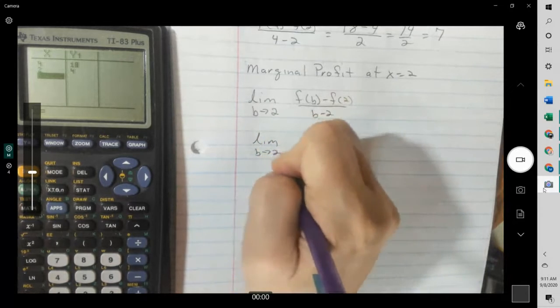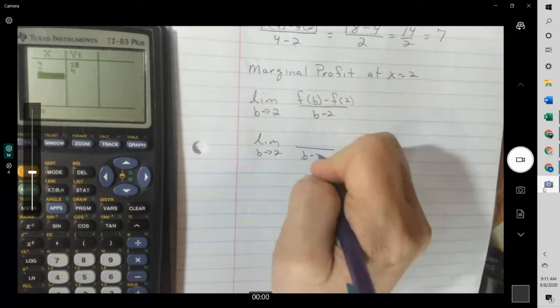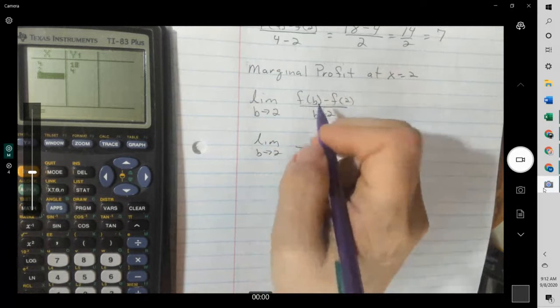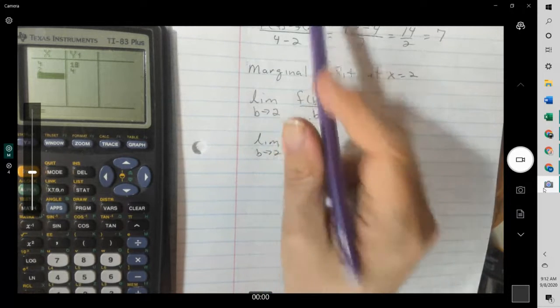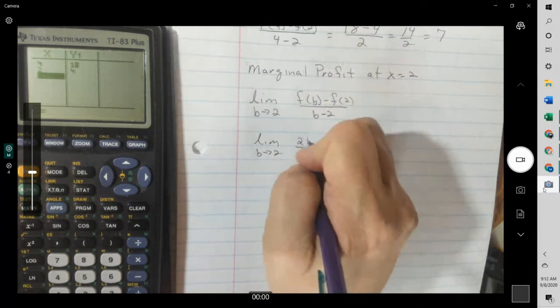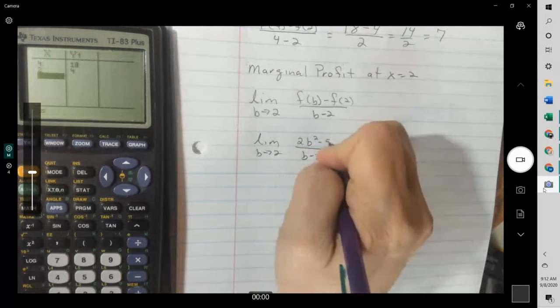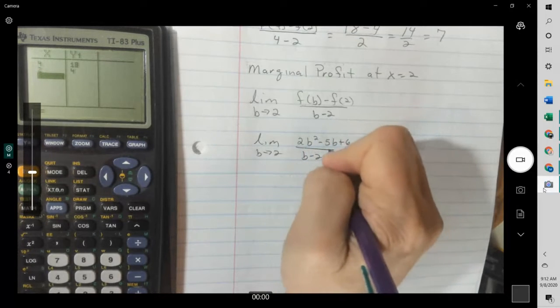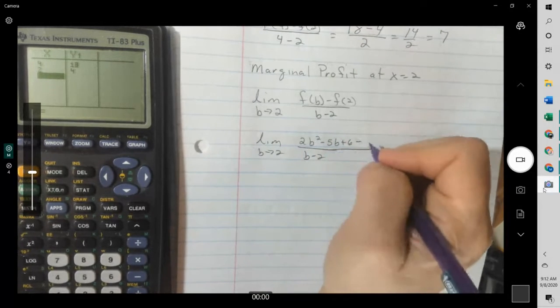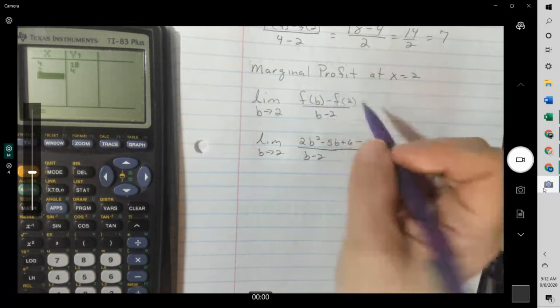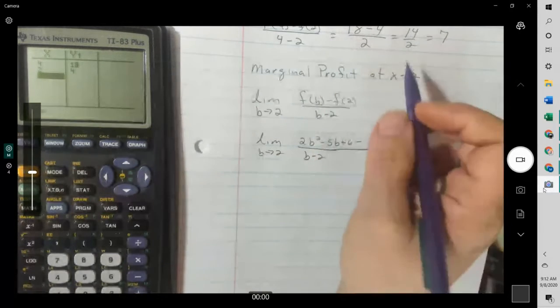Limit as b approaches 2, b minus 2, and then on the top, f of b, you plug in b: 2b squared minus 5b plus 6, minus f of 2, which we already found in our table, is 4.